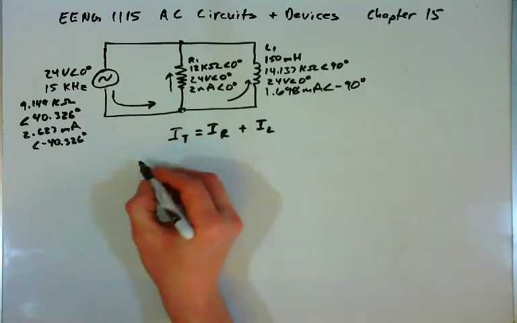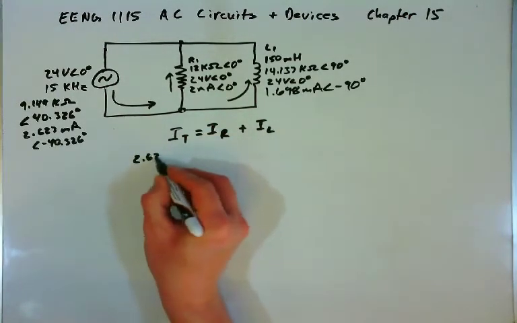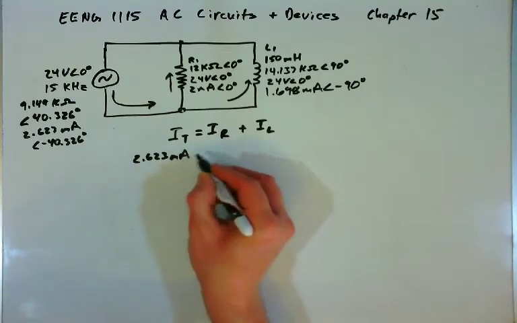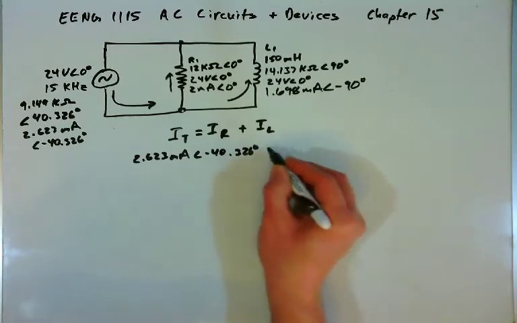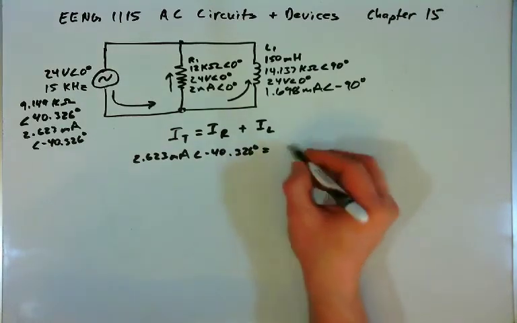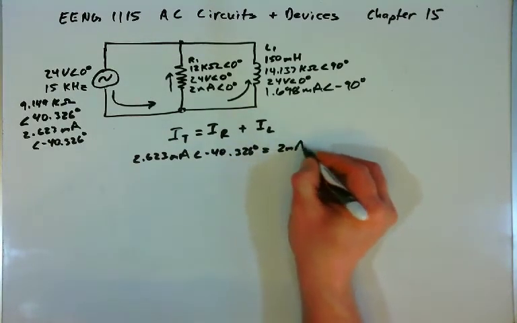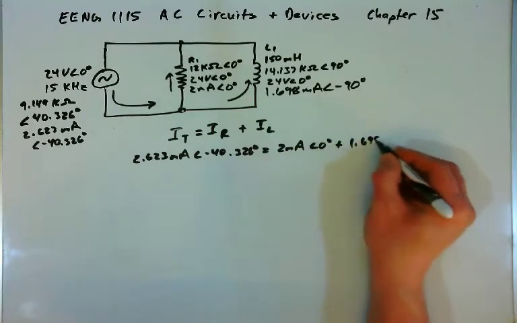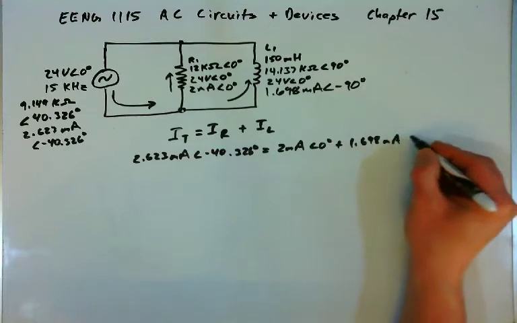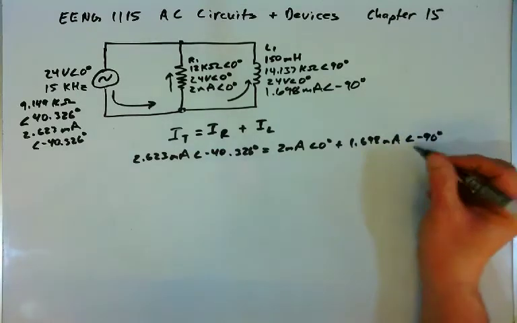And so total current, 2.623 milliamps at an angle of negative 40.326 degrees should equal the vector sum of 2 milliamps at 0 degrees plus 1.698 milliamps at negative 90 degrees.